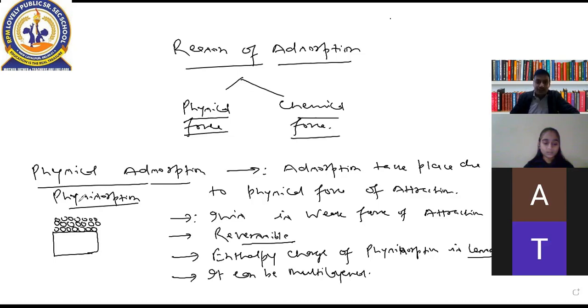If the chemisorption process as well as the physical force of attraction both take place in the same air purifier, that air purifier is considered more efficient, because any type of particle can be filtered out. That's why it will be the more efficient air purifier. Okay, take the screenshot of this.